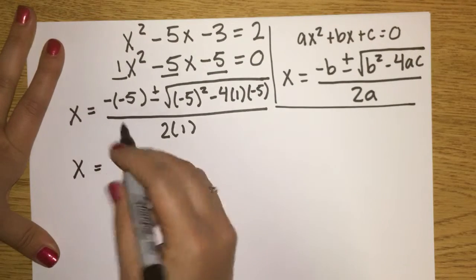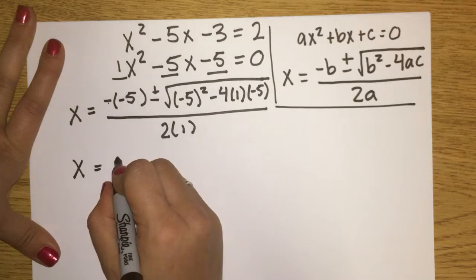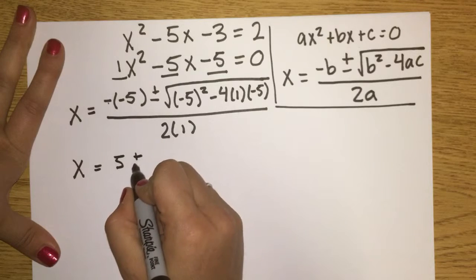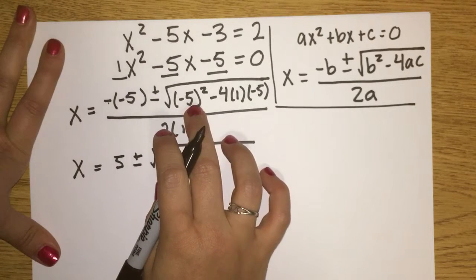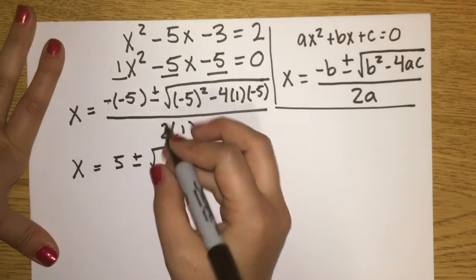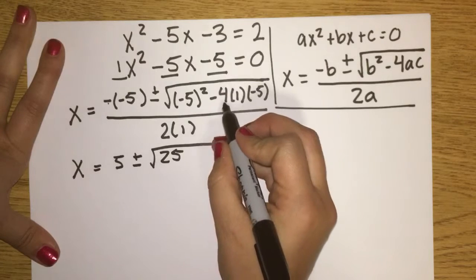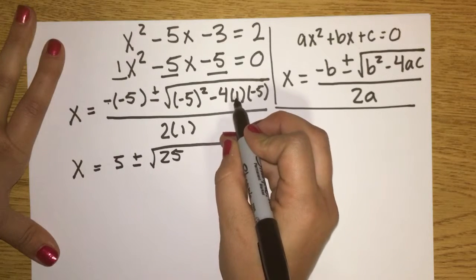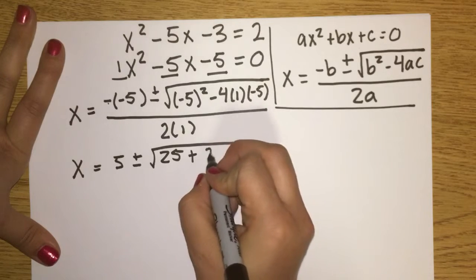So we take the negative and a negative, make that a positive, so that will just be 5 plus or minus. We take what's under the radical. Negative 5 squared is 25. And then negative 4 times 1 is negative 4, times negative 5 is a positive 20.